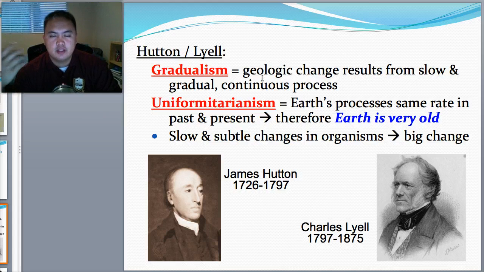He noticed that geologic change, or the earth changing, is a slow, gradual, continuous process. So, for example, if you see a river, that river did not just happen overnight. It took millions of years. The water slowly degraded the dirt, and after millions of years, now I have this big river, or now I have the Grand Canyon.